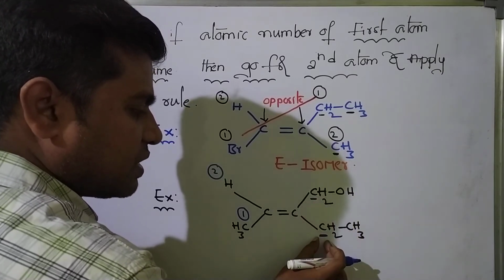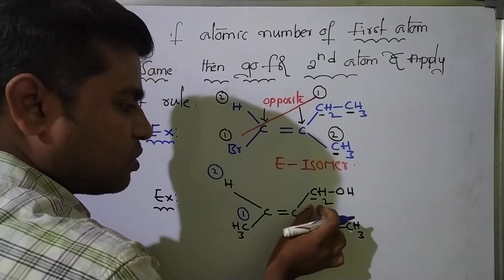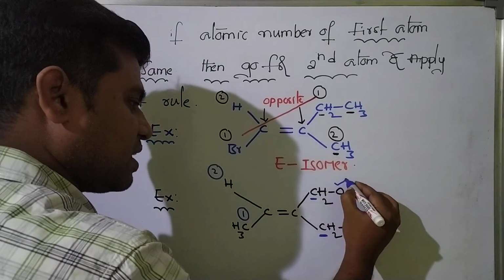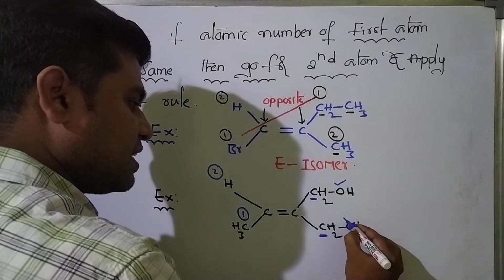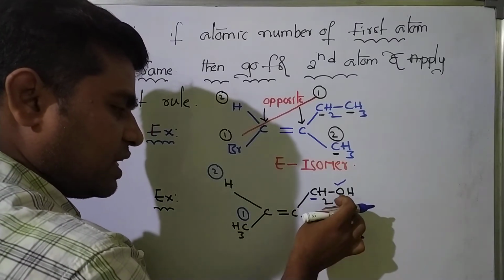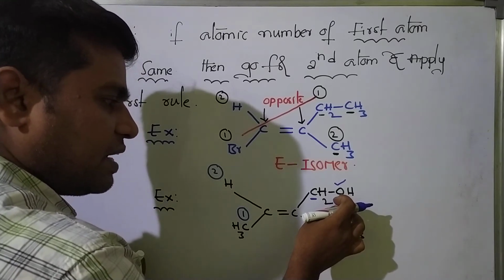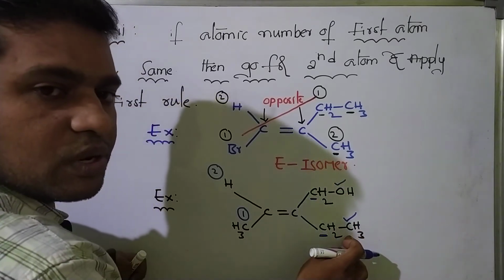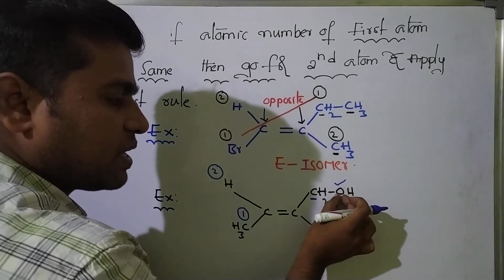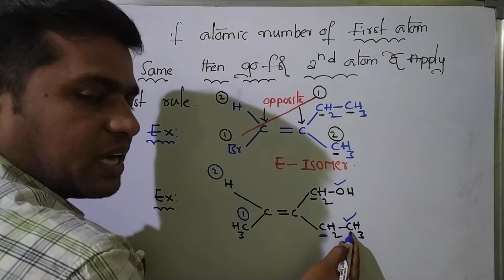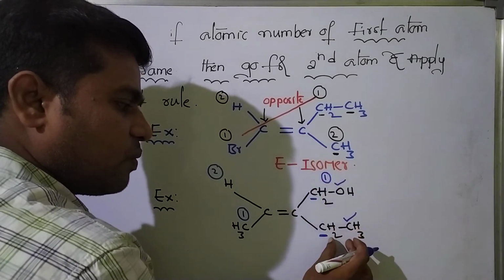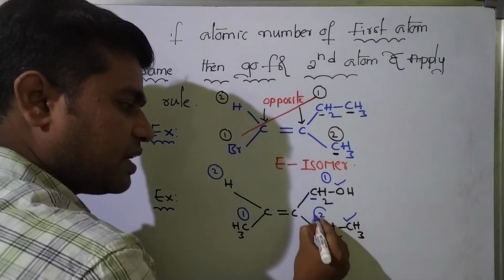Here also the first atom is carbon. So immediately we will consider the second atom. This atom in this case carbon atom. So now consider carbon and oxygen. Now again apply first rule, means atomic number rule. So oxygen has more atomic number compared to this carbon. So this group gets first priority while this group gets second priority.